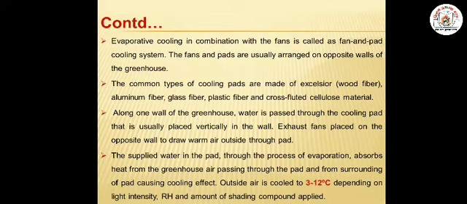Sometimes charcoal is also used for the construction of such cooling pads. Along one wall of the greenhouse, water is passed through the cooling pad, which is usually placed vertically in one of the walls of the greenhouse.